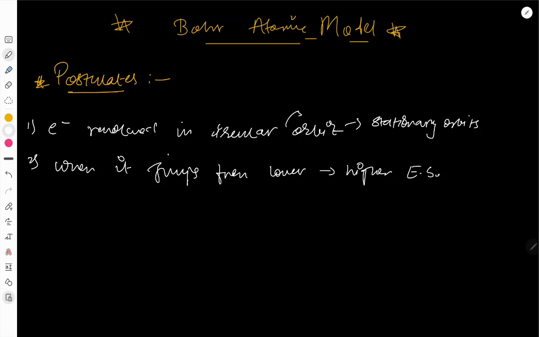And these are allowed orbits. There are only selected orbits in which the electron can revolve, which restricted the revolving of the electron to any type of orbit, and this was not considered in Rutherford's atomic model.